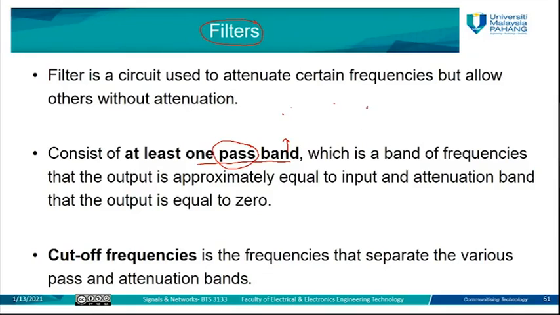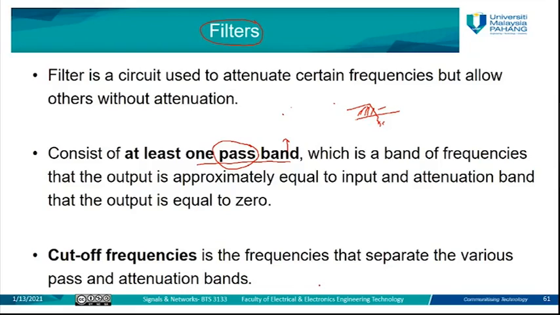For example, for the low pass, usually it starts from 0, then goes to the cutoff frequency. So before this one is allowed, after this one is not allowed. So the FC here, or cutoff frequency, is the value of frequency after which, or before which, there are no more signals. So it is a cutoff value.